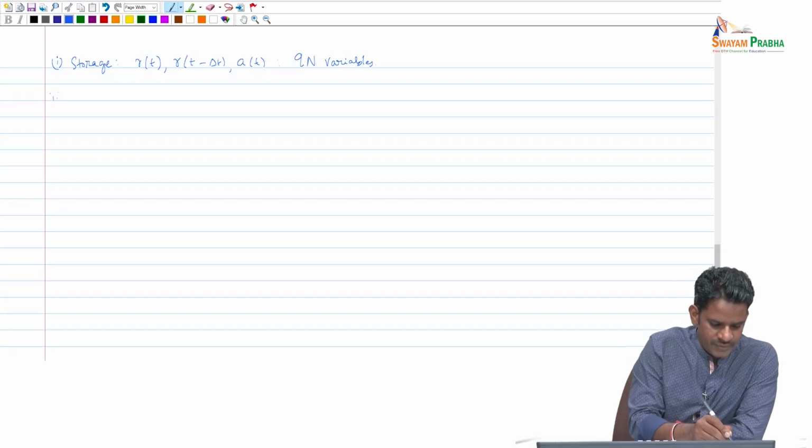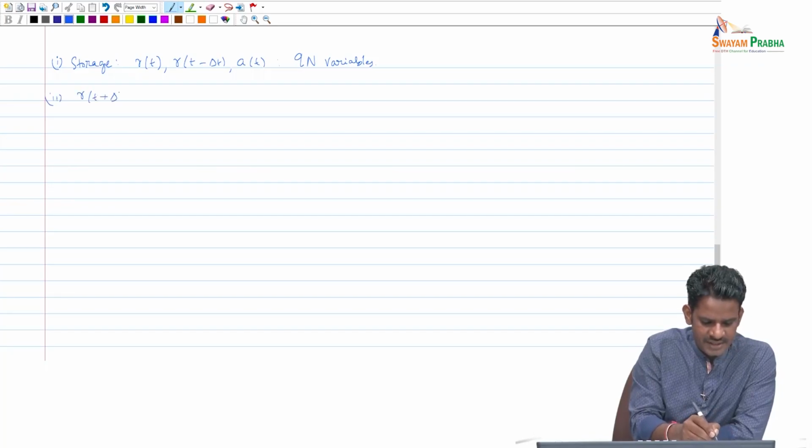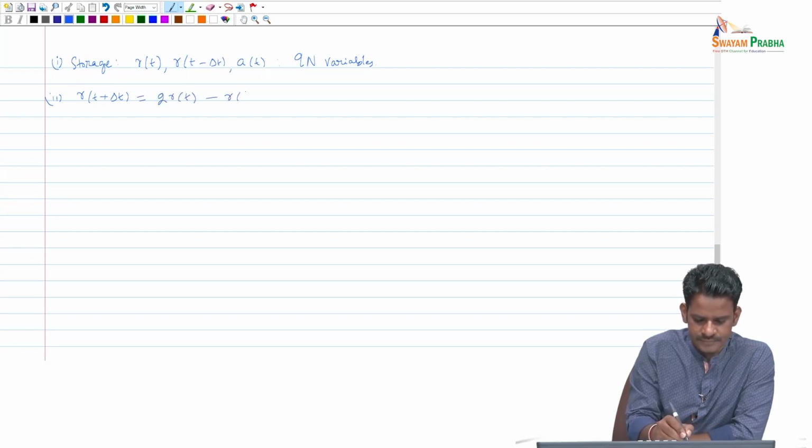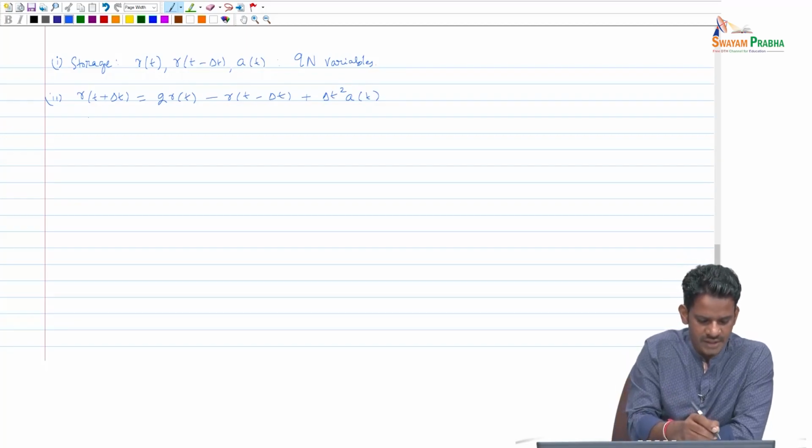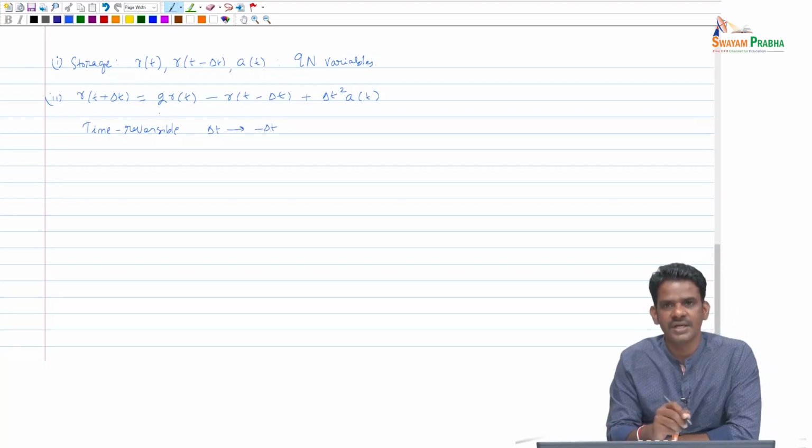And the second thing is, you will see that if I look at the position update at r at t plus delta t, you can see that this has a time reversible property, because if I substitute delta t as minus delta t, you see this equation remains unchanged.